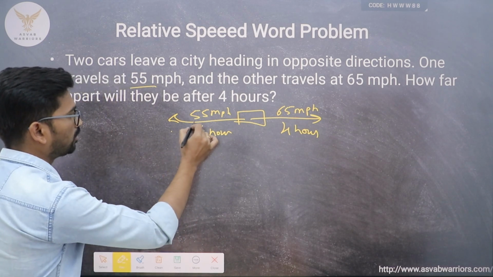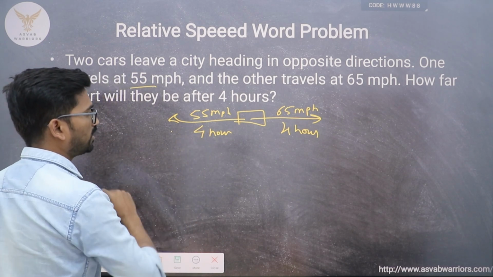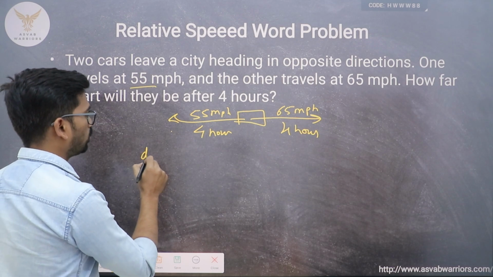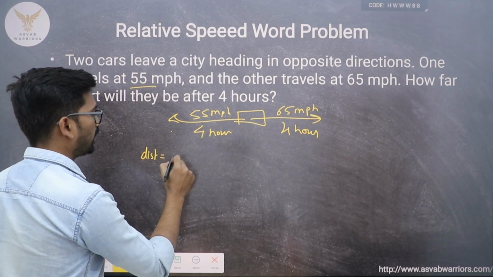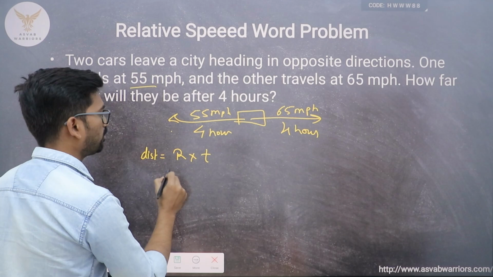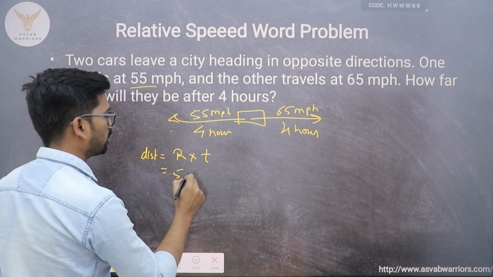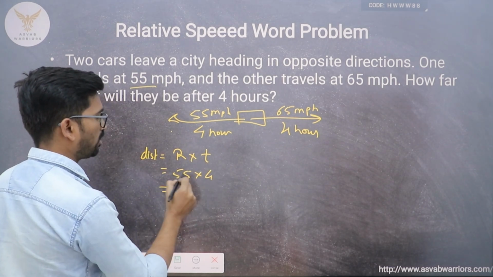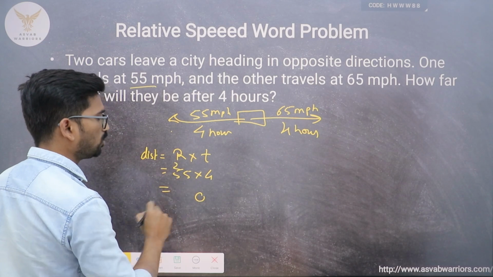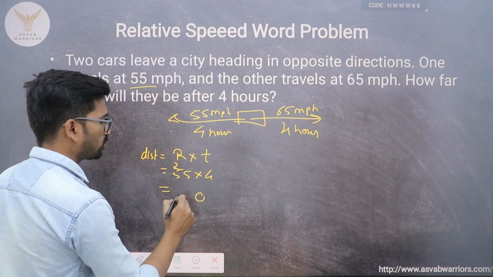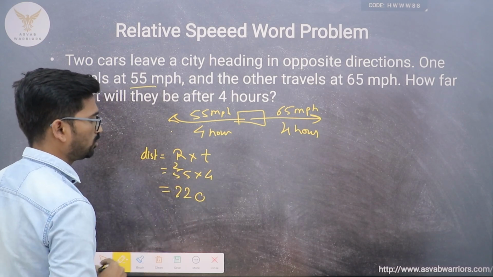Now first we will calculate the distance traveled by this car. So the formula for distance is rate into time, where rate is 55 times 4. 4 5s are 20, carry 2, again 4 5s are 20, plus 2 is 22.